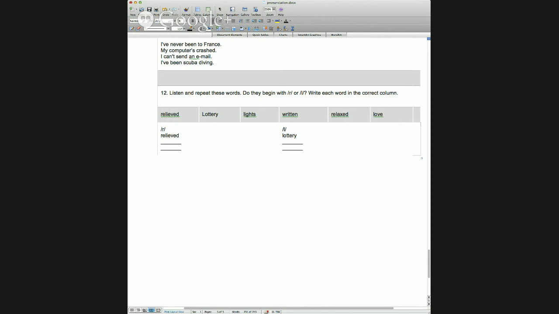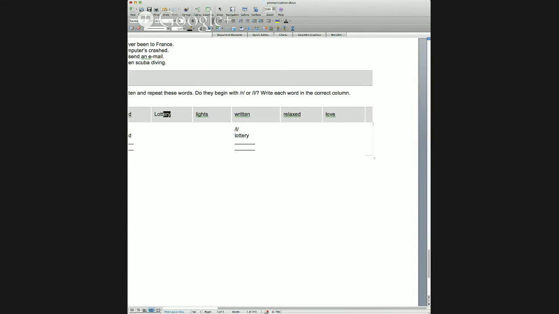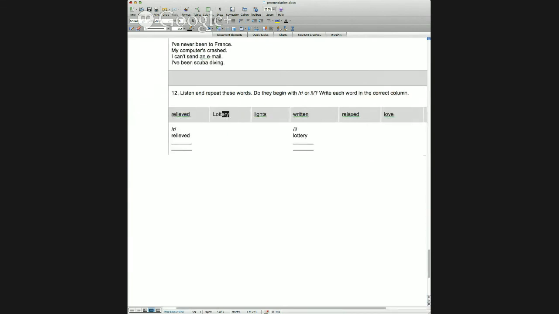At the beginning. So the second syllable, with the E in it, is not stressed. So it becomes the neutral vowel.